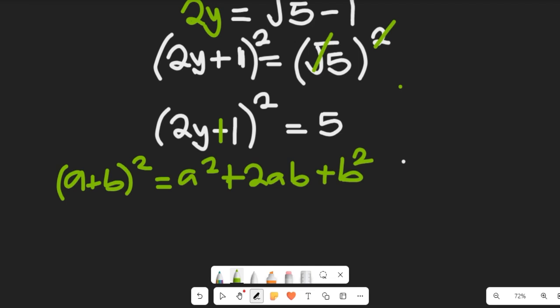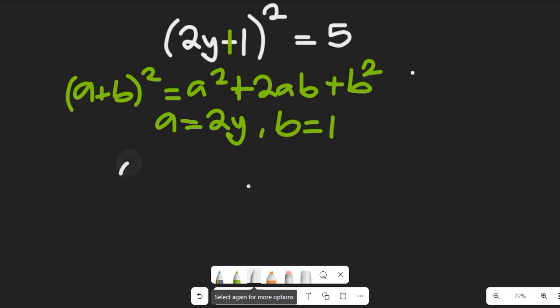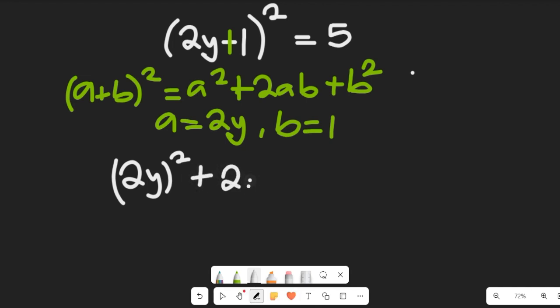From that expression, comparing with this algebraic formula, you can see that a is equal to 2y and b is equal to 1. So if we substitute that into that expression, we're going to have (2y) squared plus 2 multiplied by 2y multiplied by 1 plus 1 squared, and this will be equal to 5.